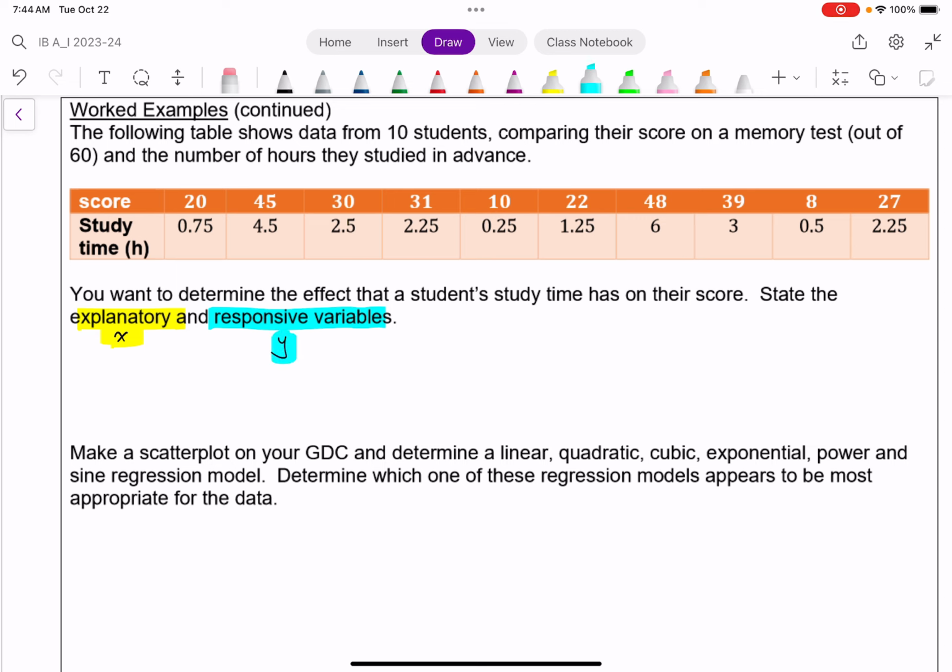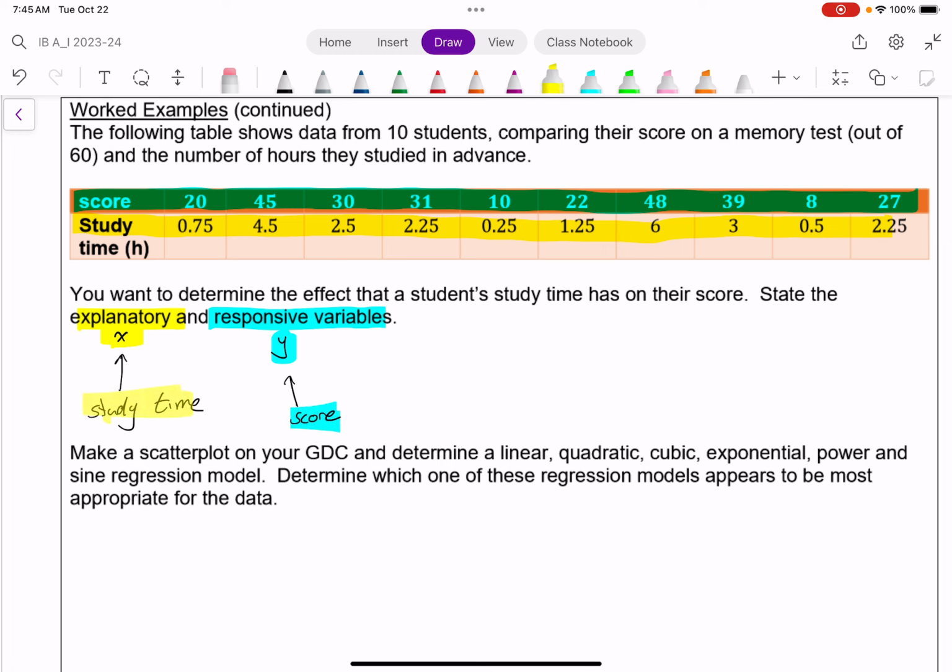Dependent, independent as well. So the explanatory variable here, what would go on the x-axis, would be the study time, because we want to see what effect that has on the score, how it responds. And so in this case, I'll say this would be the study time. And this would be their score.